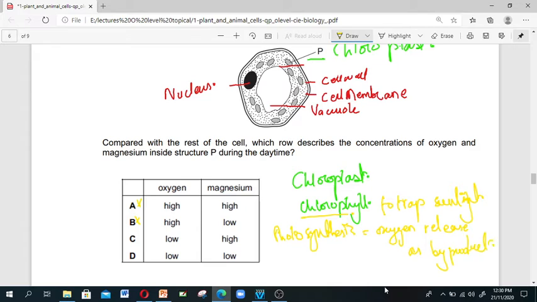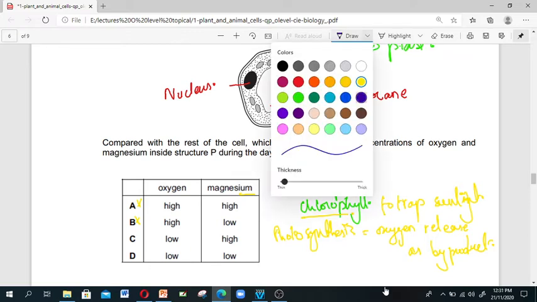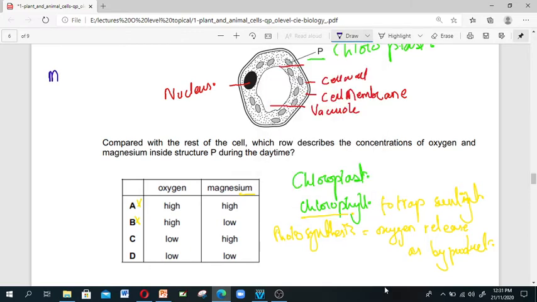Now discuss magnesium. What is magnesium? Magnesium is a mineral. Mg is the symbol for magnesium. Magnesium is a mineral ion. And what is the function of magnesium?